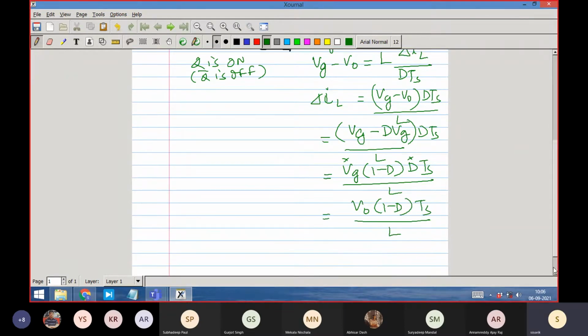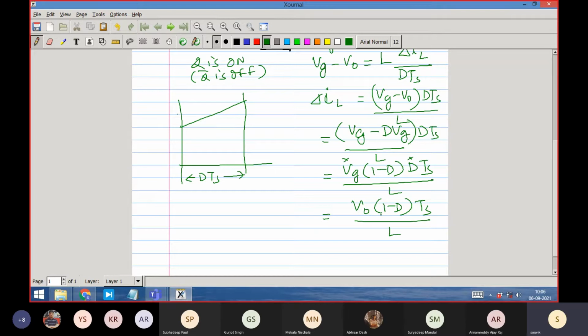So that is the inductor ripple during on time. This is the inductor current. Our assumption is that V naught is constant. So this line must be linear because Vg is assumed to be constant, as it is a very slowly varying quantity during the time we are considering. So during DTS, I will assume that this slope is constant.